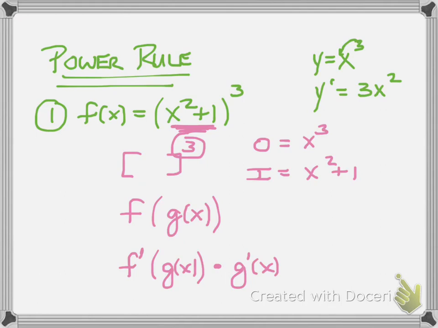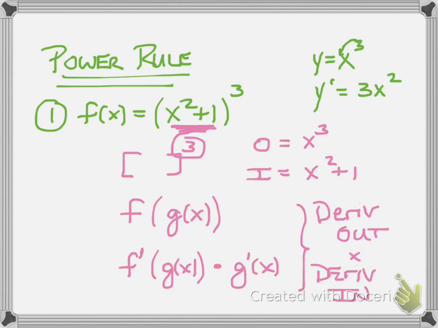That's a lot, so let's say that again: derivative of the outside times the derivative of the inside. On the next screen, we'll walk through this problem, breaking up these pieces and showing you how this works.